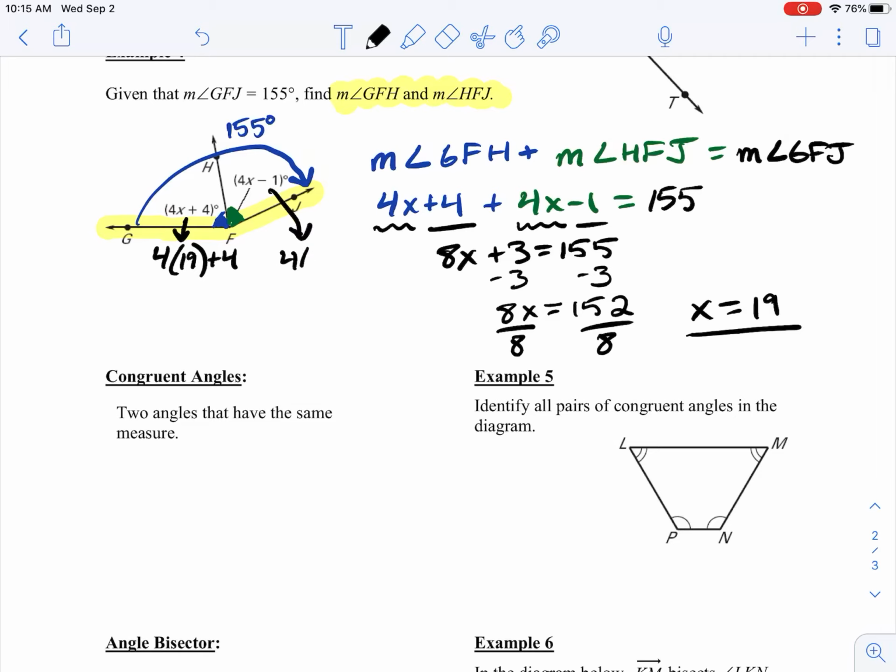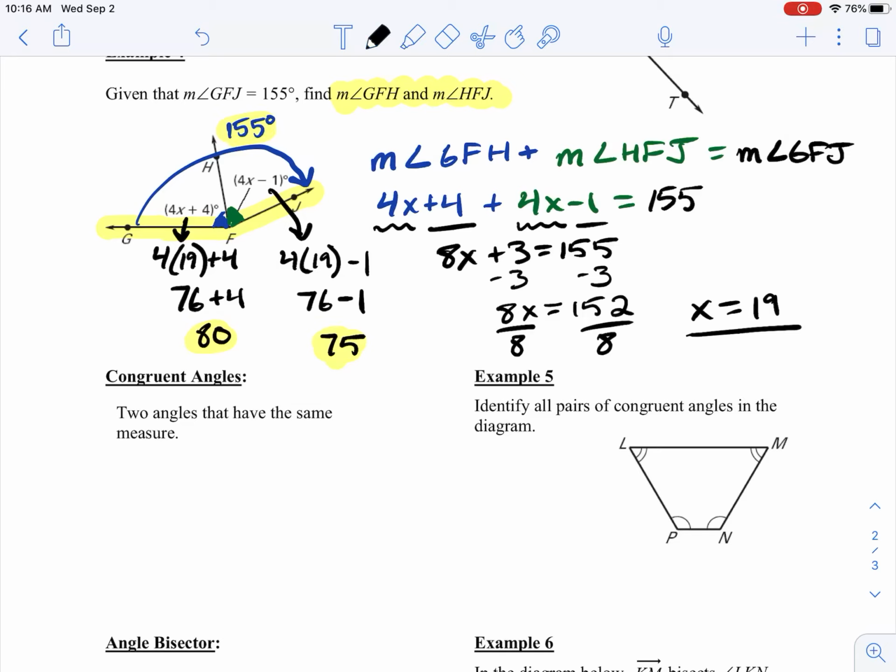And for this one, I need to do 4 times 19 minus 1. So 4 times 19 is 76, plus 4, which is 80. And then over here, that would be 76 minus 1, which is 75. Also, please realize that when I add up 80 and 75, I do get 155.